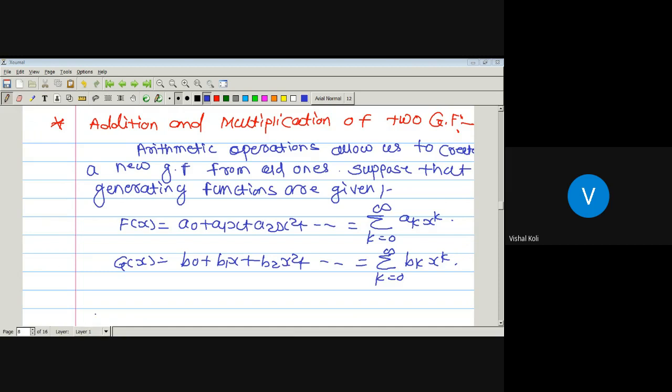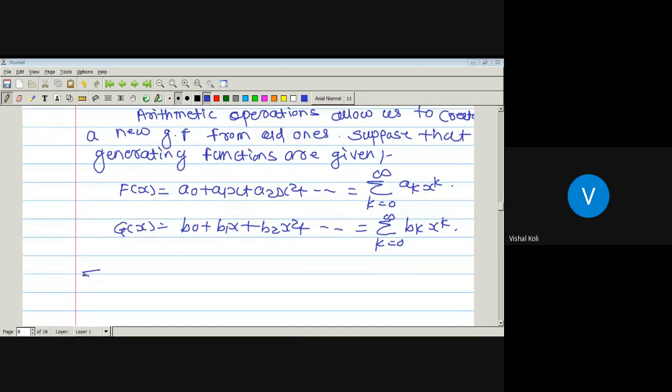So what is f of x plus g of x? As we know, addition of two series is just adding the corresponding coefficients, that is a naught plus b naught. Now the coefficient of x is a1 plus b1 into x plus (a2 plus b2) into x square and so on.